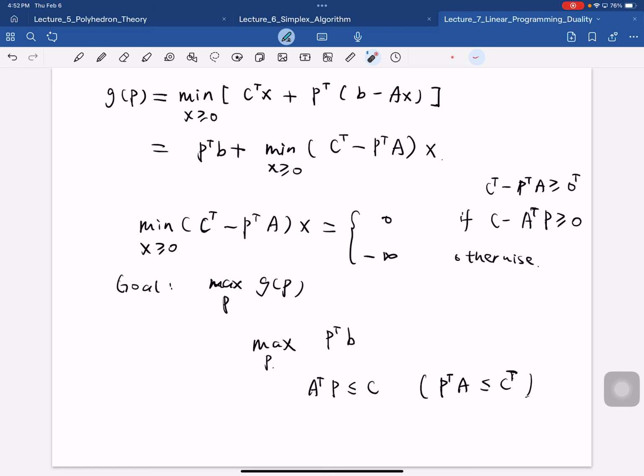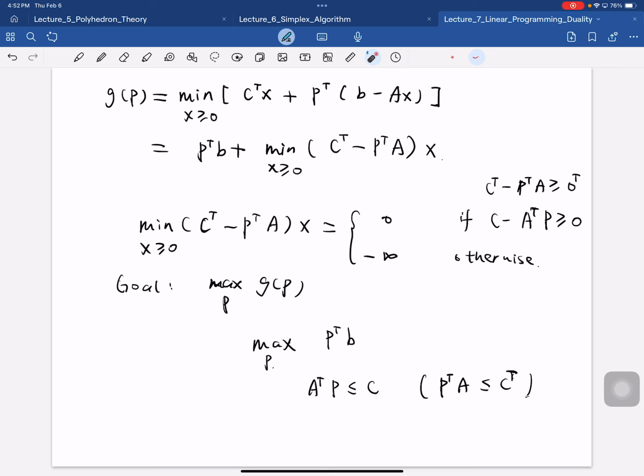So now as you can see, the dual of a linear program is also a linear program. The number of variables you have in the dual is equal to the number of equality constraints you have in the primal problem. Remember, the dimension of P is equal to the dimension of the constraints in the primal.